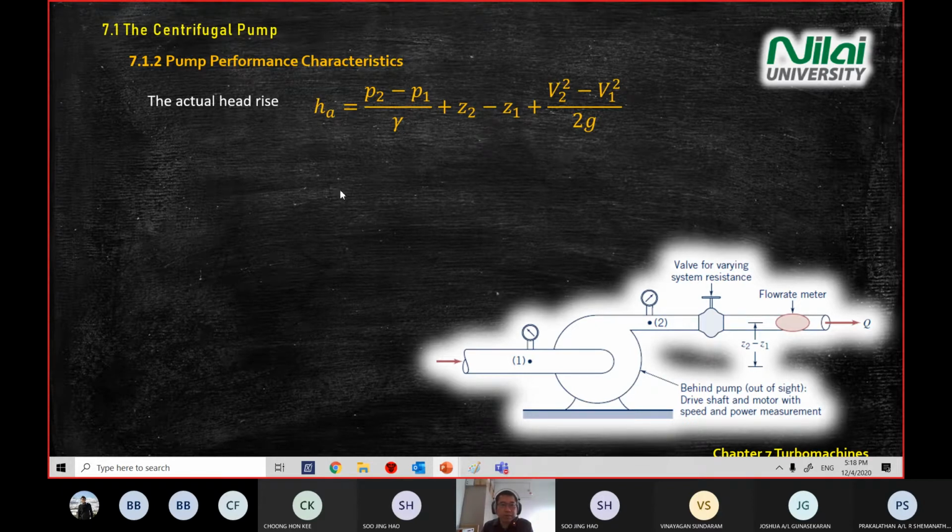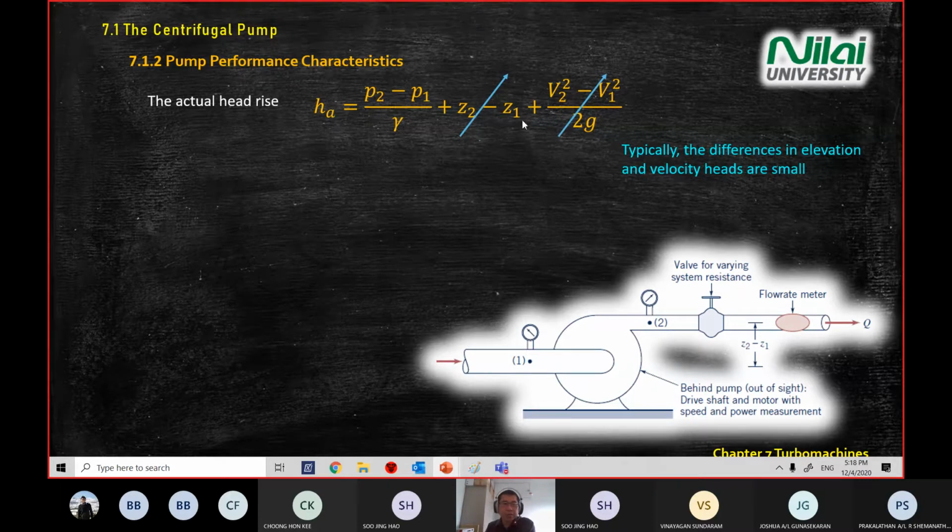And then simplification steps were applied to this equation. The first one, we take out the Z2 minus Z1, because usually the difference of the elevation is very small.